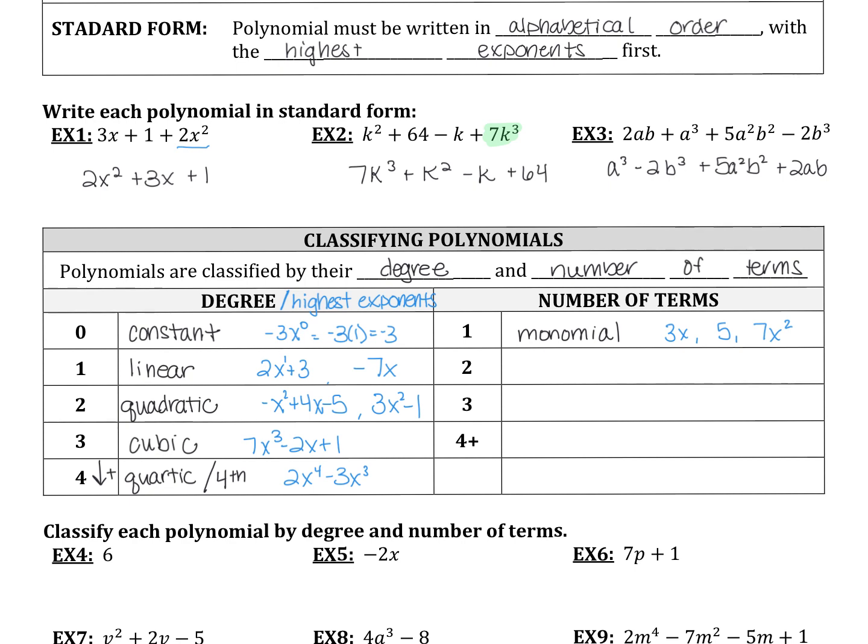If I have 2 terms, we know this is called a binomial. 2 terms. Bi means 2. And a binomial could be something like 2x plus 7 or 8x squared minus 9x. These would be examples of binomials. 3 terms. If we happen to have 3 terms, we refer to this as a trinomial. Tri means 3. And again, we could have any number of degrees.